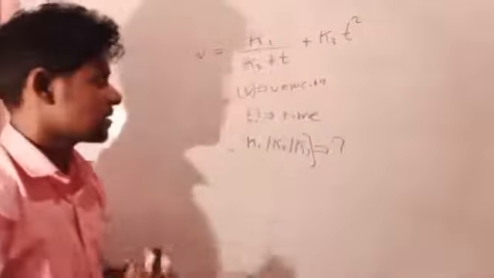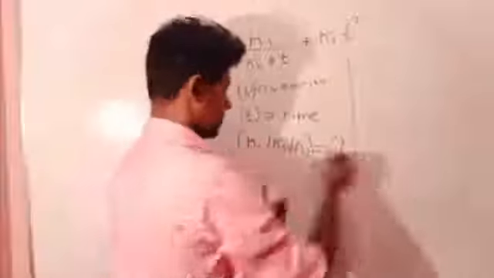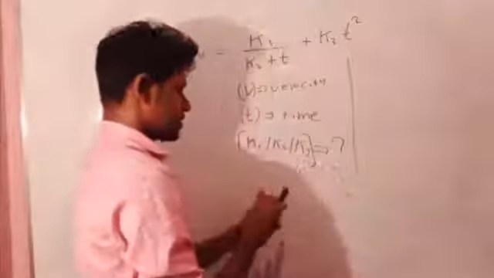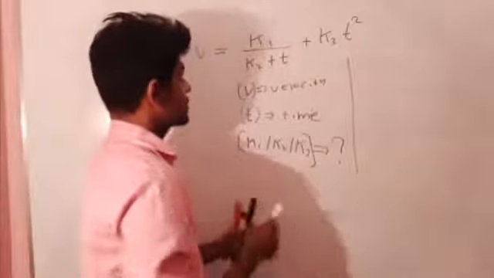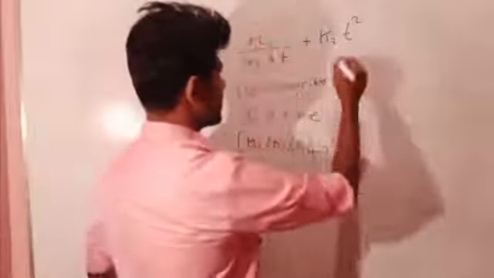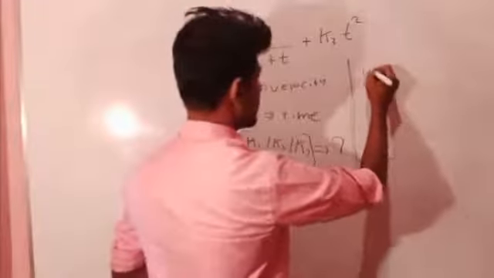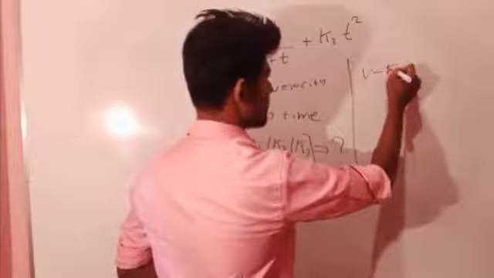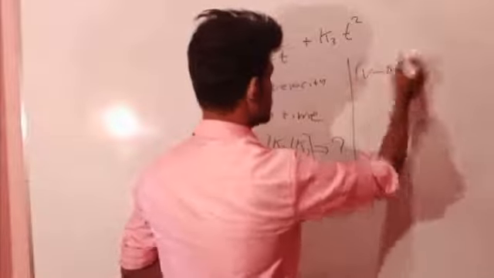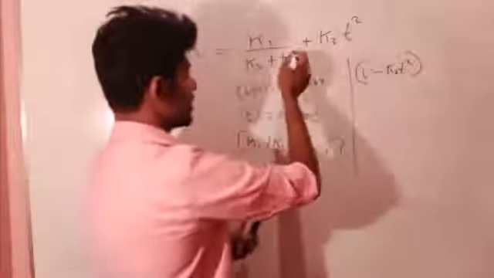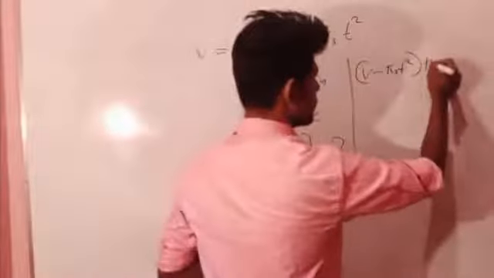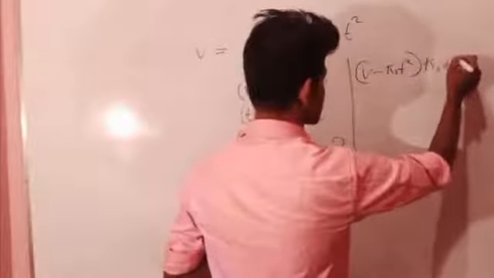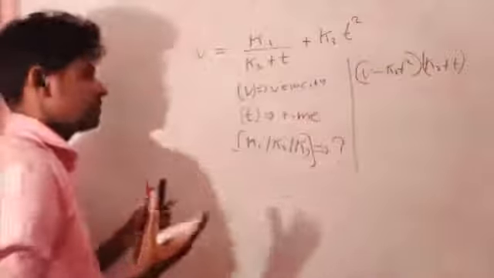Now think about if someone tries to find it out like this way. Here's how you would look at it. If someone tries to make K1 the subject, someone might do it as V minus K3 times T to the power 2, and multiply this by K2 plus T. So, it's very weird.